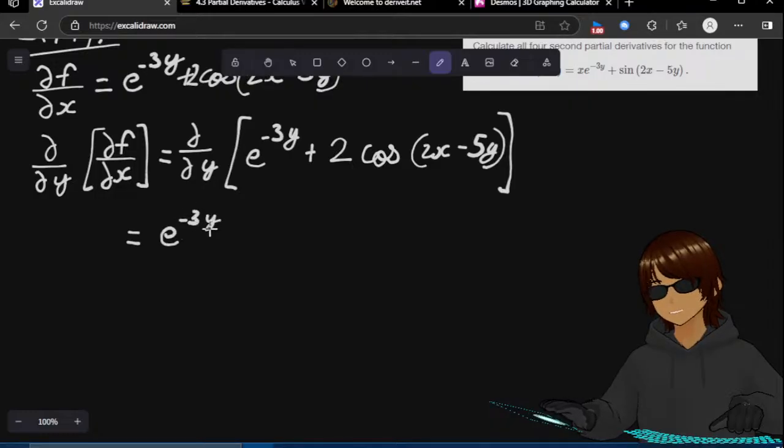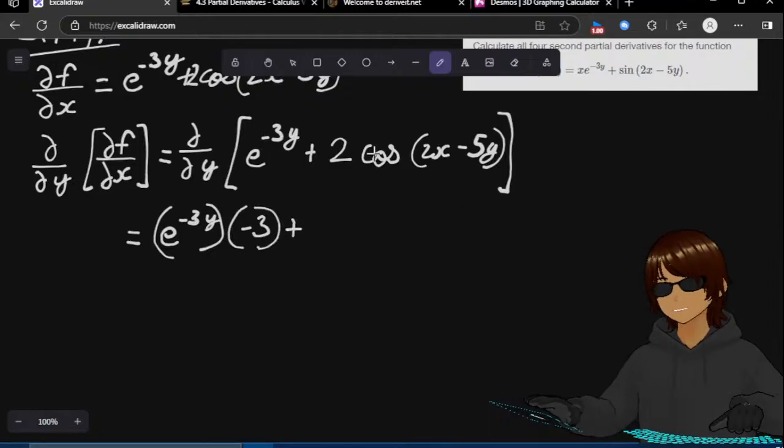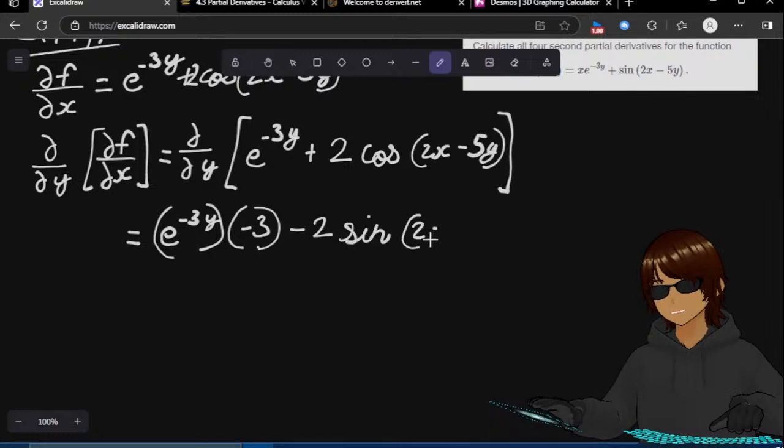Derivative of the outside times the derivative of the inside, minus 3, and then plus the derivative of all this. Derivative of cos is minus sine, so this will be minus sine 2x, and then differentiating the inside with respect to y, we are left with a minus 5, so this will become plus 10.